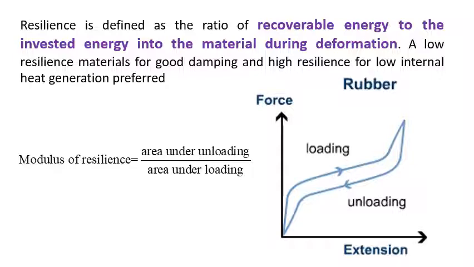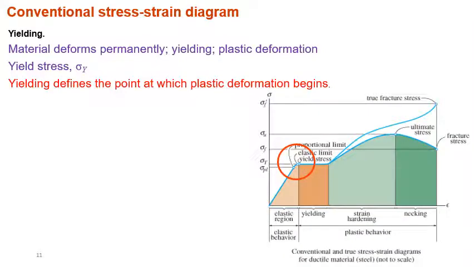Once we start discussing the stress-strain curve, the first region is the elastic region. After the elastic region, the first point we are going to get is the yield point, or in other words the yield strength. So yield strength is nothing but the strength corresponding to the yield point.